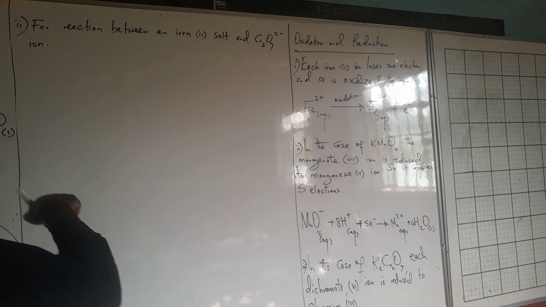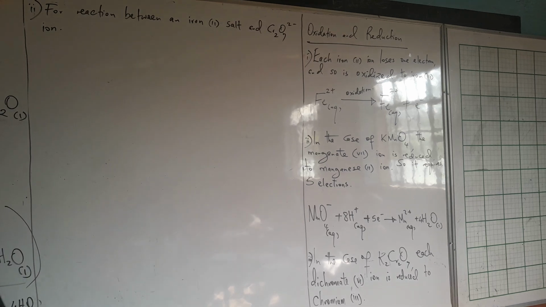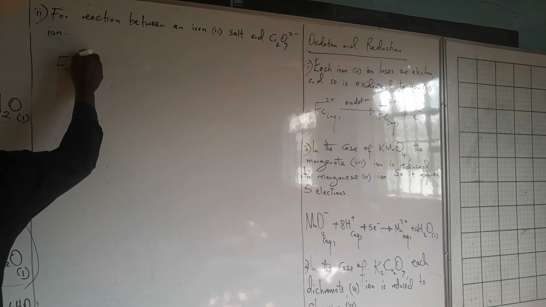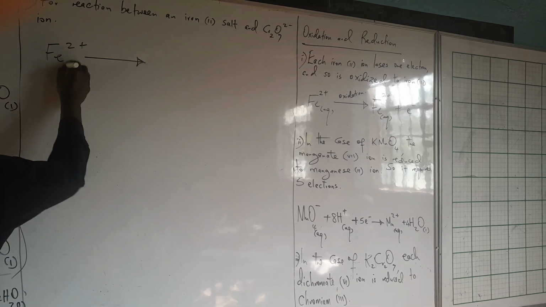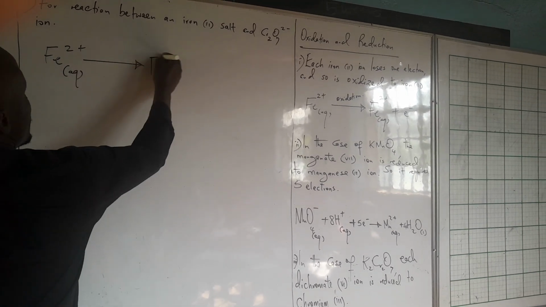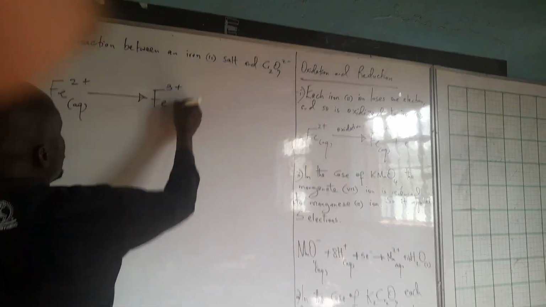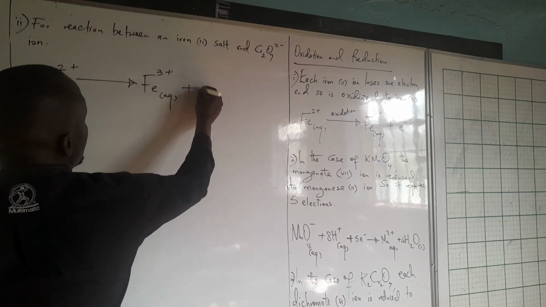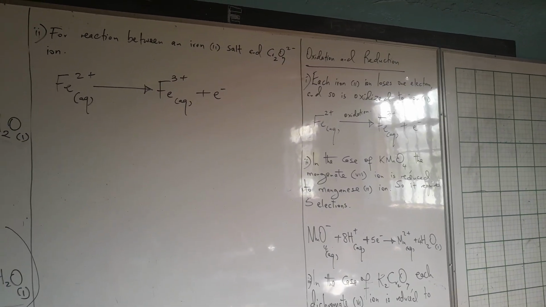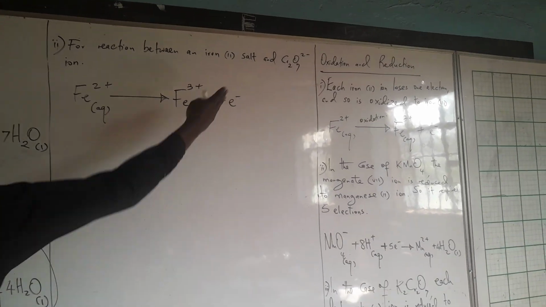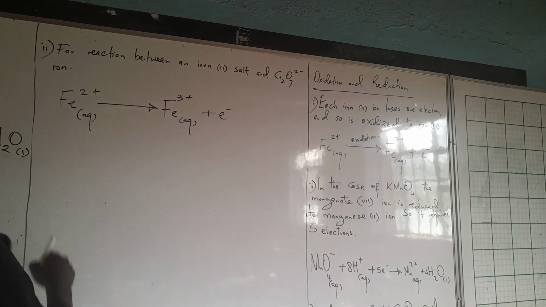So which one loses? Is it iron 2 or dichromate 6? Iron 2 loses. How many does it lose? It loses only 1, so that it moves from iron 2 to iron 3. You understand? Then reduction comes second. Dichromate 6 is reduced to chromium 3.